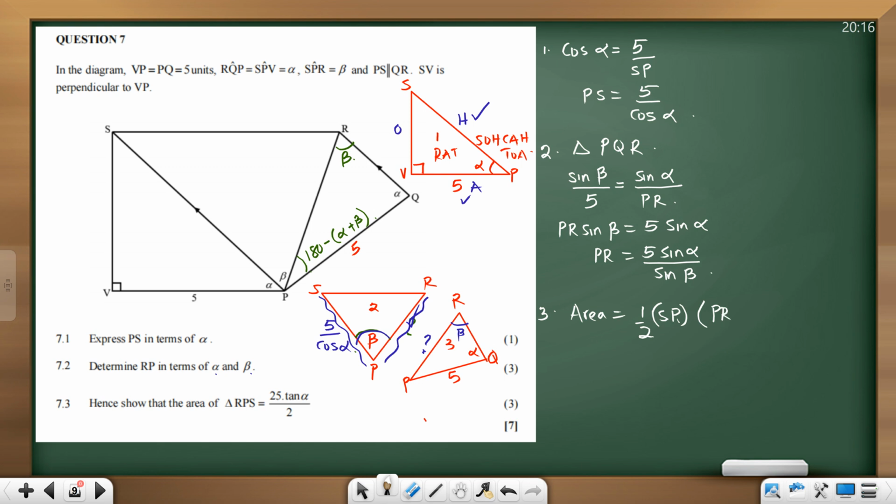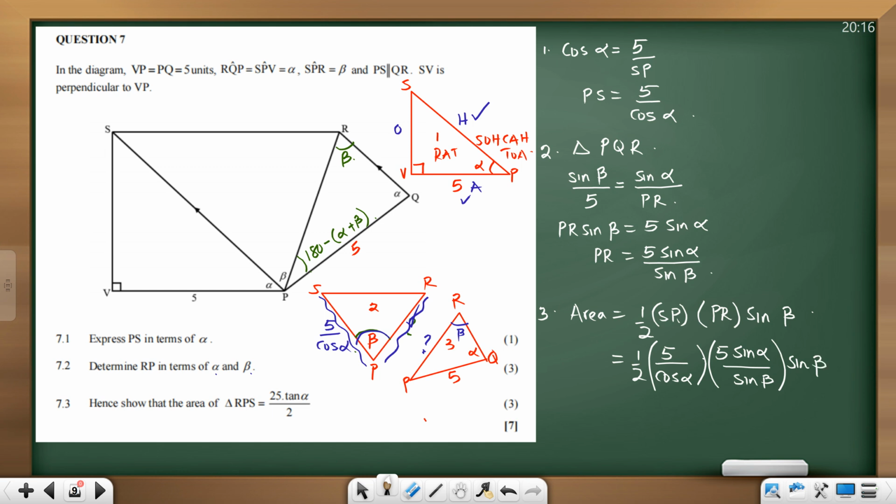So please know the rules. Sine of the angle between them, beta. Okay, come. Half. What is SP? That's the first thing we got, 5 over cos alpha. What is RP? The one we just got now, 5 sine alpha over sine beta. Oh, I see the 25. And I also see the 10.